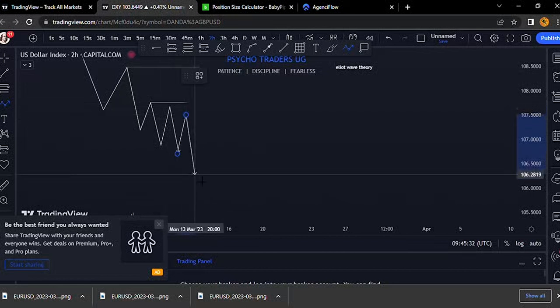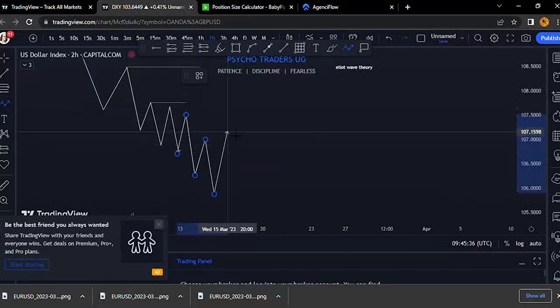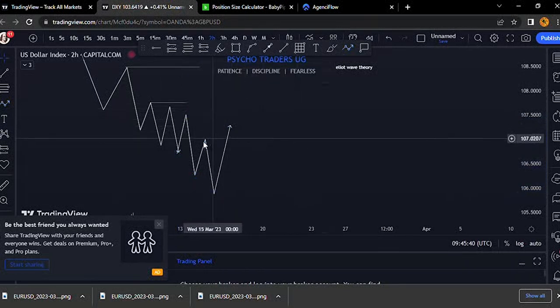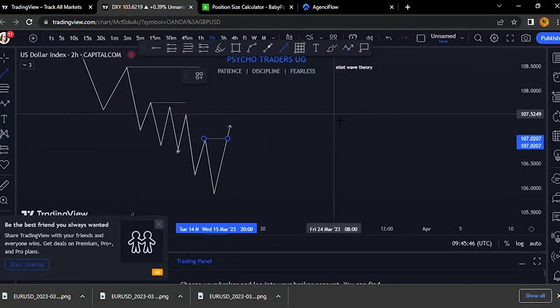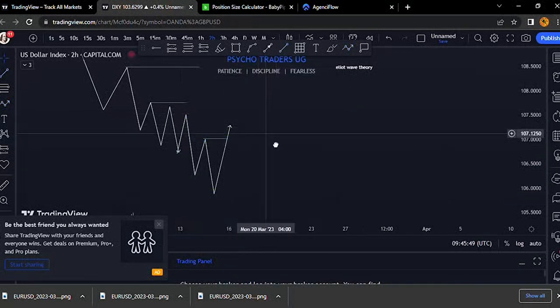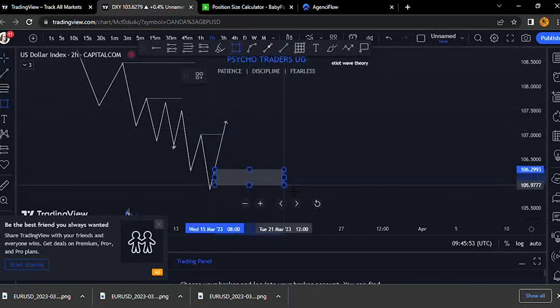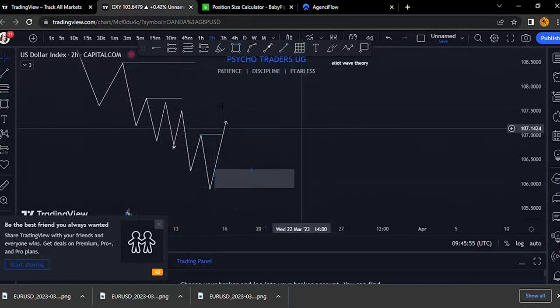It has to just continue delivering like that. So if it changes character, let me say it shifts to the upside at this point, this is when the Dow observers, the people using the Dow theory, start looking for buys. So this is the Dow concept.